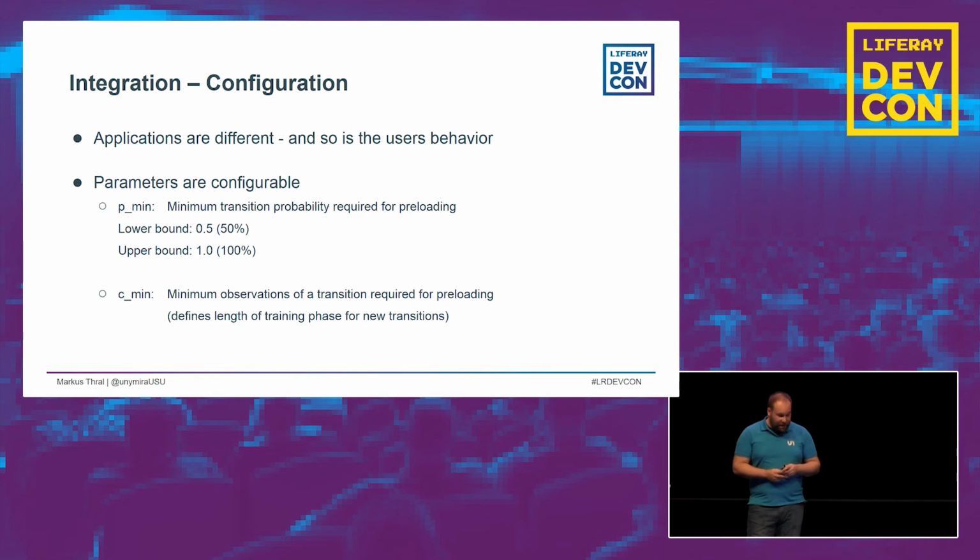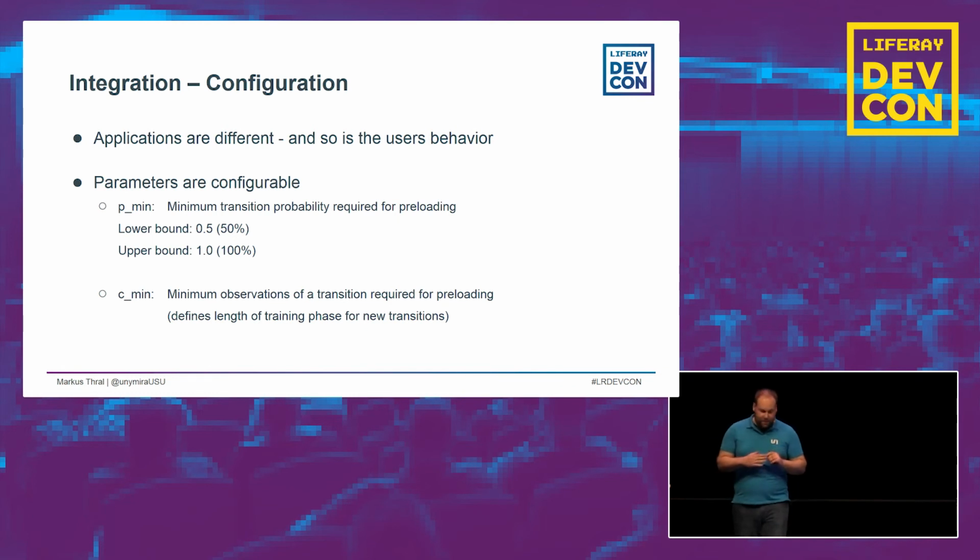Okay, the other parameter is cmin. If you add a new transition to the model, it would have a transition probability of 100%, and so it would be preloaded. But this decision would be wrong because we don't have something like a training phase. So the cmin parameter defines this training phase.